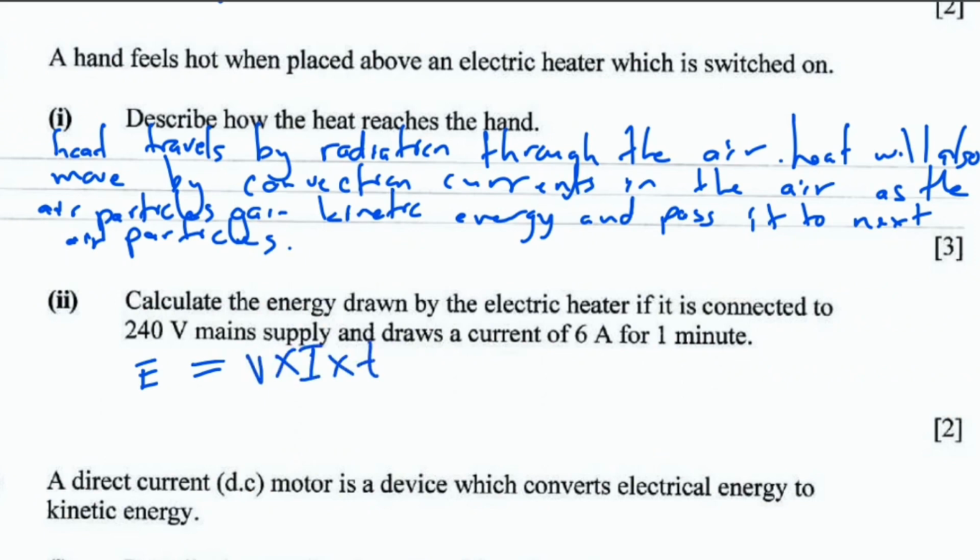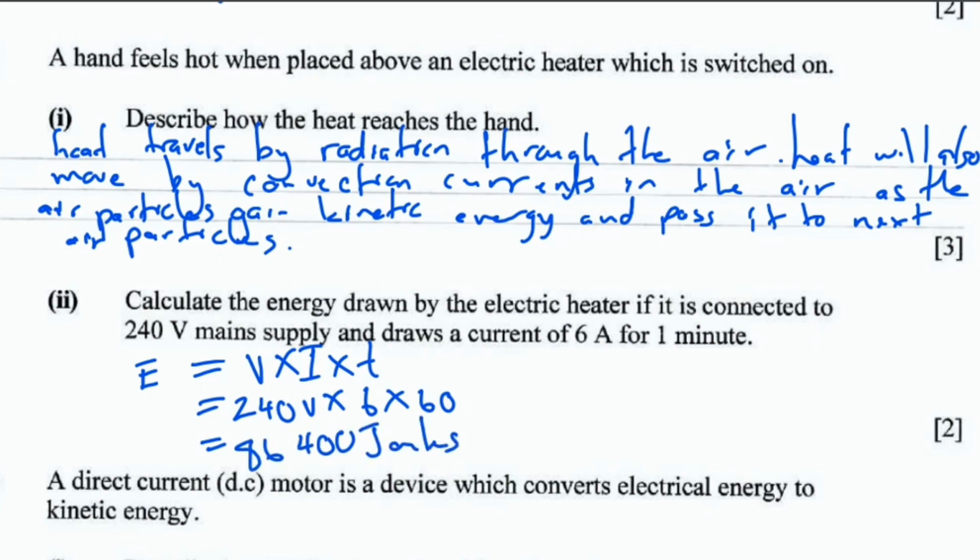So the voltage you've been given is 240 volts, times the current, 6 amps, times the time in seconds, because we are going to calculate the energy in joules. So 1 minute is equal to 60 seconds, so it's going to be times 60, and then we're going to get 240 times 6 times 60. It will give us 86,400 joules.